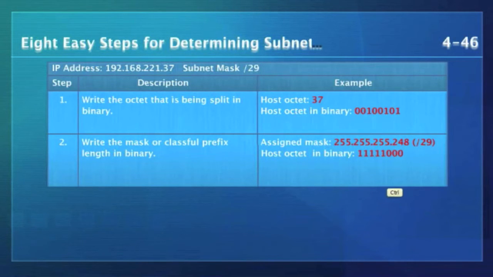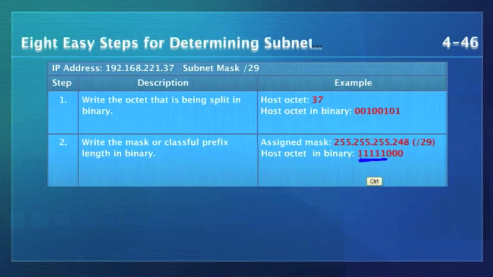So we had a /29, and there is /29, the last octet, in binary. It has 1, 2, 3, 4, 5 bits, right?